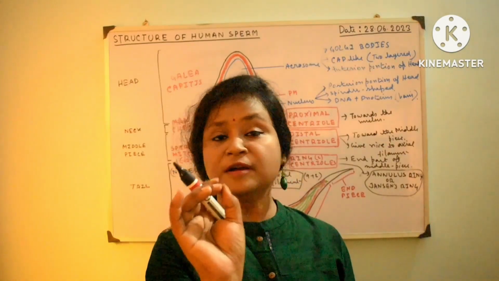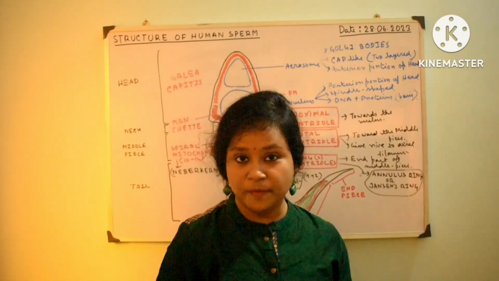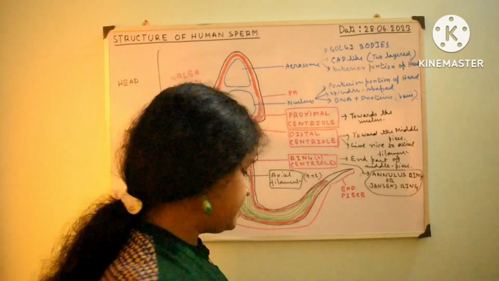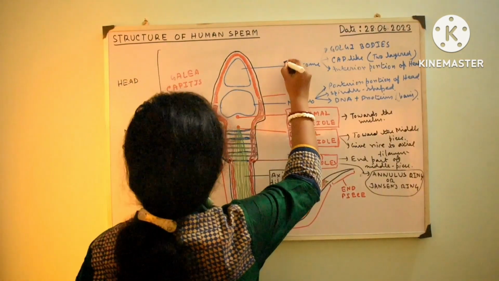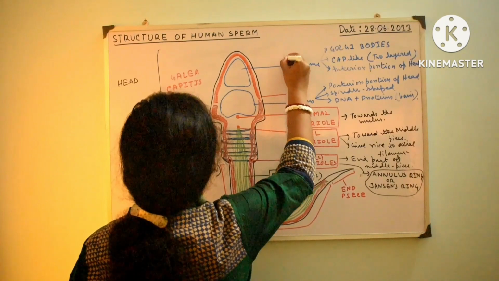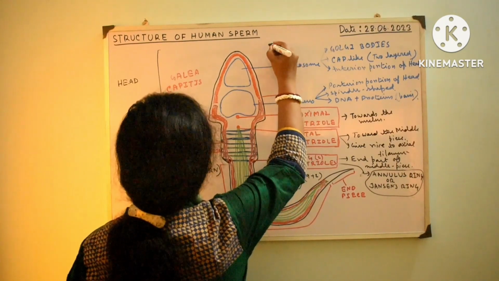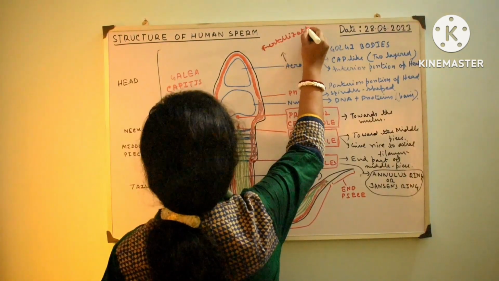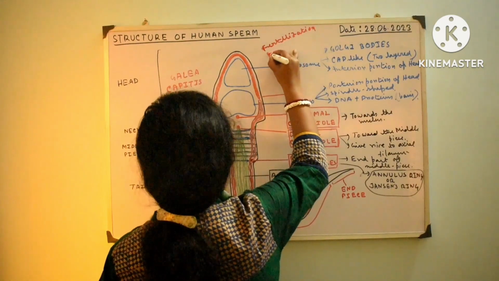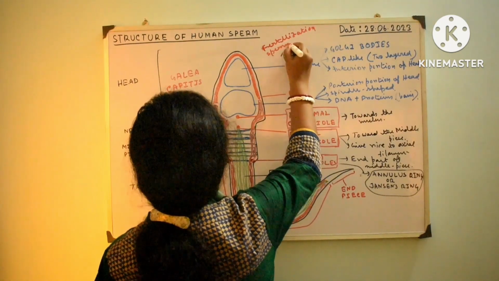Now discuss some functions of this structure of the human sperm. First of all, concentrate on the acrosome. It helps at the time of fertilization, helps in sperm entry.